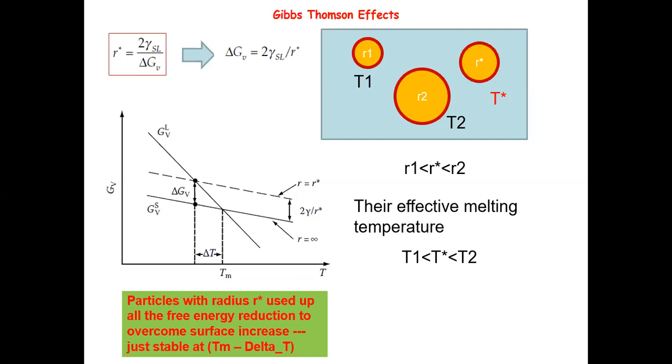The Gibbs-Thomason effect gives us a different way of looking at this. Instead of the geometry point of view, we look at thermodynamics. For each radius, we can associate an effective melting temperature. From all our analysis, the effective melting temperatures for these three nuclei are T1, T star, and T2, with the relation T1 smaller than T star, smaller than T2. Is this crystal clear to everyone up to this point?